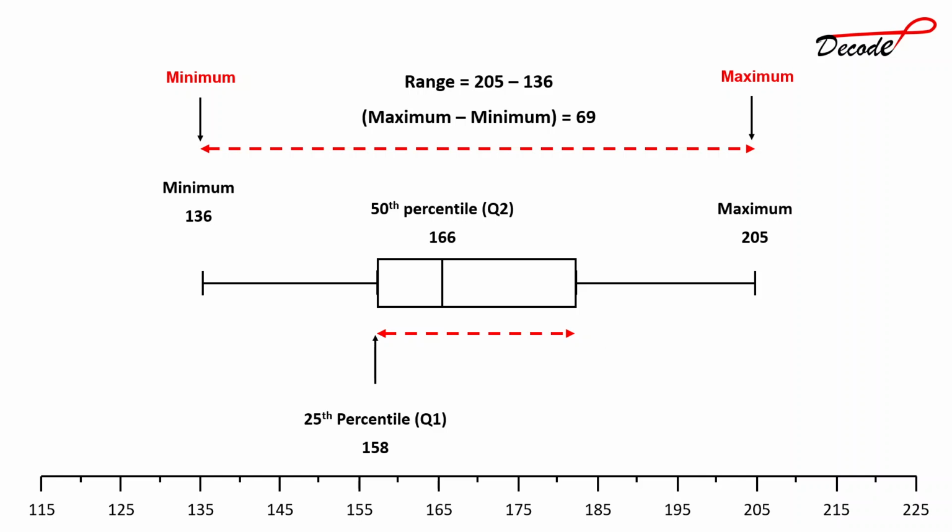We can even obtain the interquartile range. For obtaining the interquartile range, we need to subtract Q3 minus Q1. So Q1 is at 158, the Q3 is at 181. So the interquartile range, Q3 minus Q1, will get us 23. The interquartile range is 23.